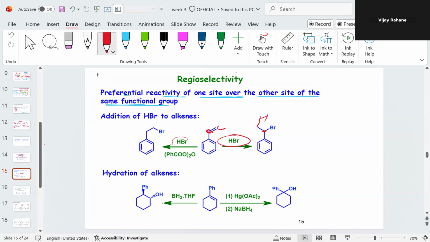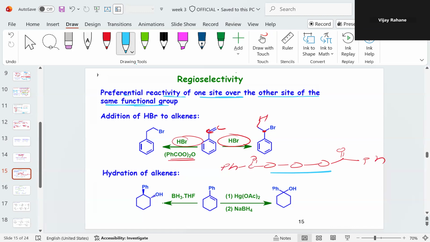But if you do the same HBr addition in presence of peracids, say PhC double bond O, basically the peroxide, and this is the peroxy linkage.